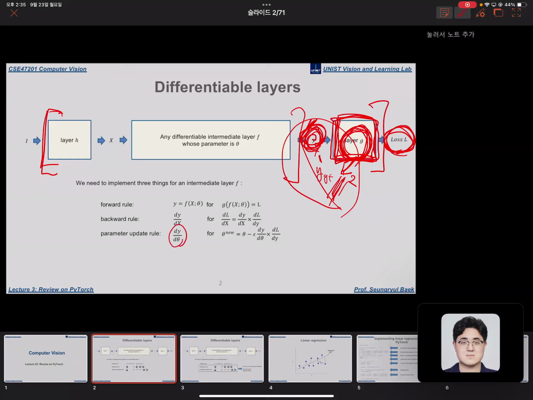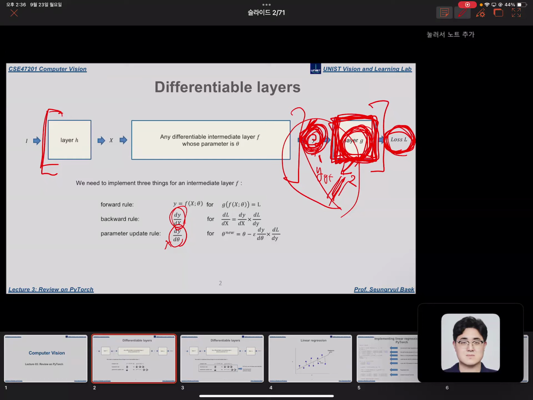I mean, the parameter update rule has to be calculated, but this loss layer doesn't have any parameters, so we don't have to calculate this. And the differentiation of output with respect to input, we can calculate that, okay?